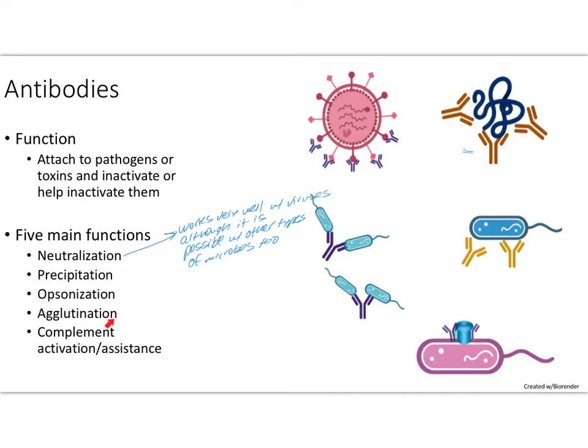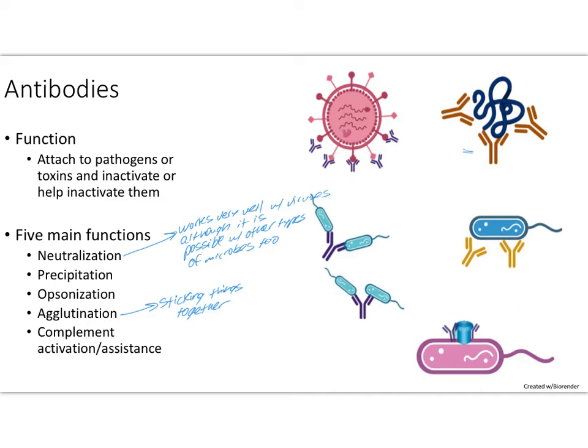The next thing that antibodies do is help with what we call agglutination. Agglutination means sticking things together. And what happens with agglutination is basically the antibodies help the microbes stick together and make big clumps in one location.